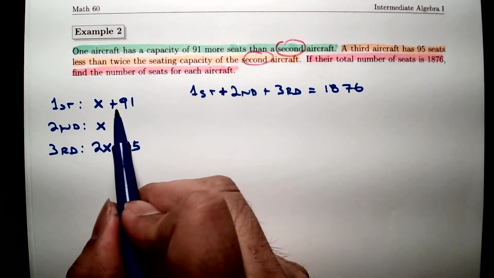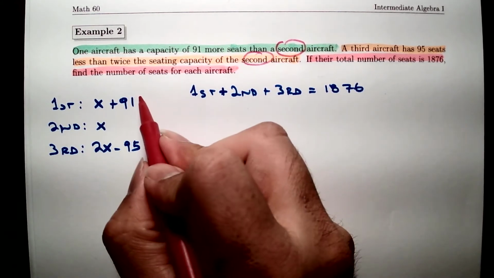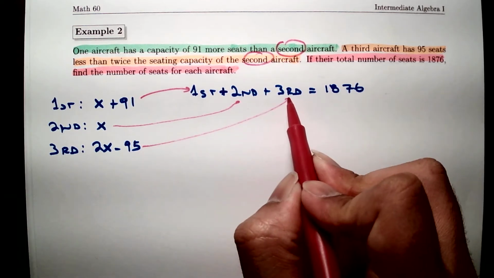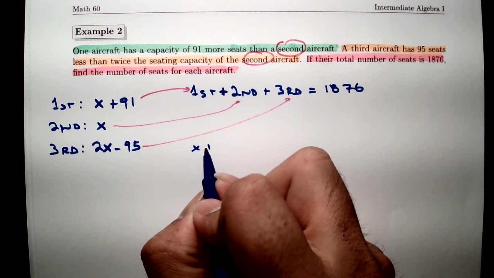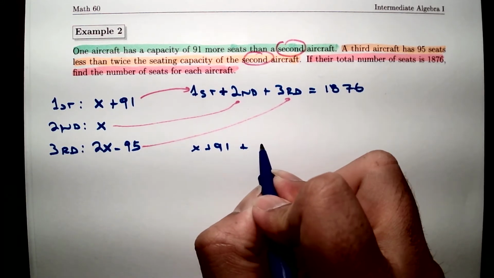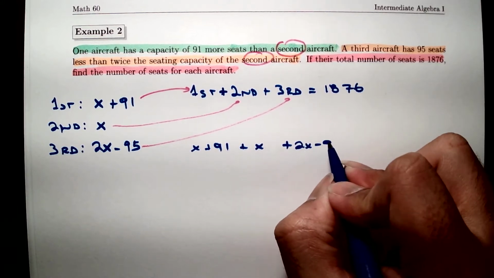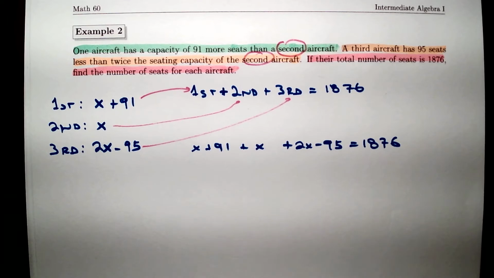For the first one that's x plus 91, then x, and 2x minus 95. That is x plus 91 plus x plus 2x minus 95 equals 1876.